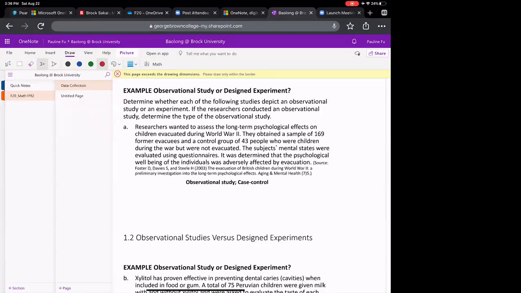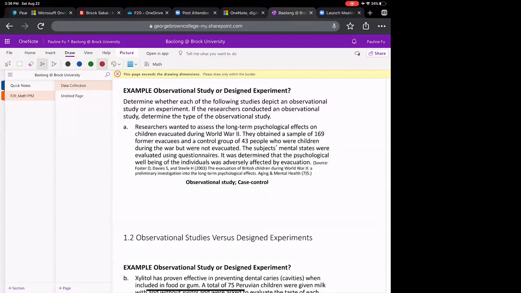Researchers wanted to assess the long-term psychological effects on children evacuated during World War II. They obtained a sample of 169 former evacuees and a control group of 43 people who were children during the war but were not evacuated. The subjects' mental status was evaluated using questionnaires.